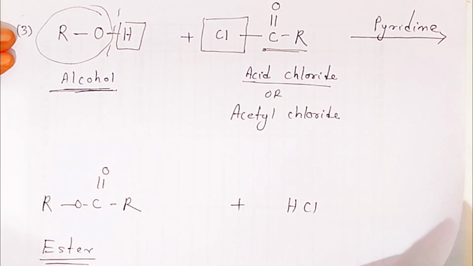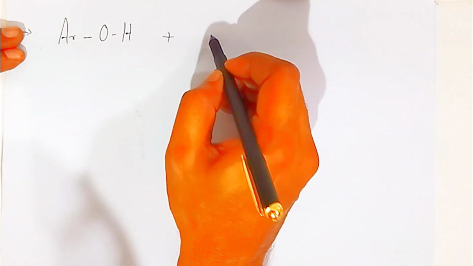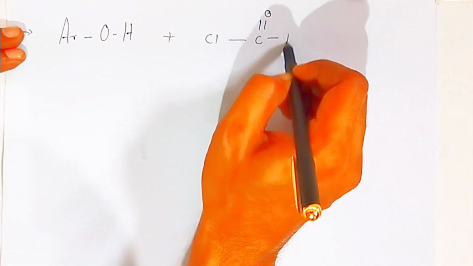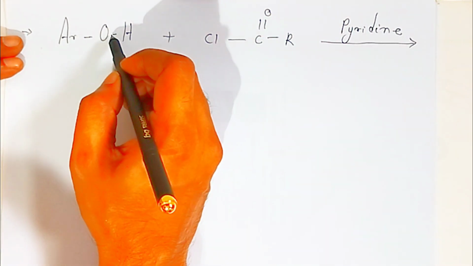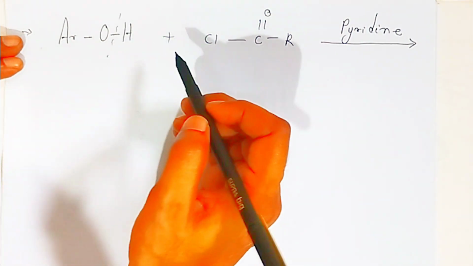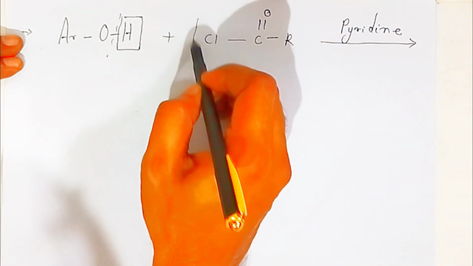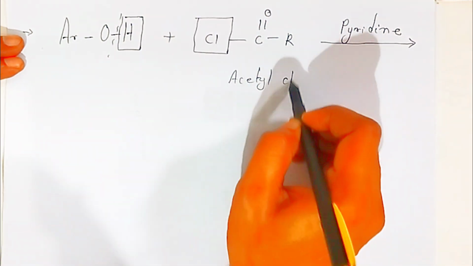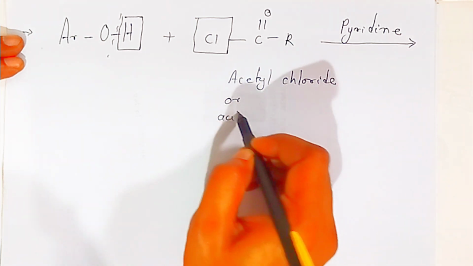Understanding, students? Suppose you have phenol, which combines with acetyl chloride in presence of pyridine. Now what happens, students? There is a breaking of the oxygen-hydrogen bond. The hydrogen of this phenol combines with the chlorine of acetyl chloride. If the acetyl group is there, we call it acetyl chloride or acid chloride.